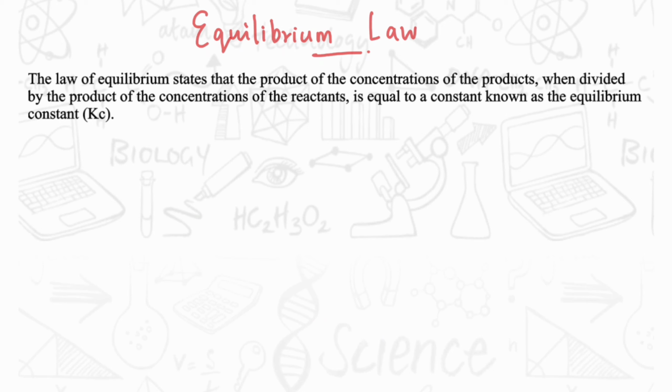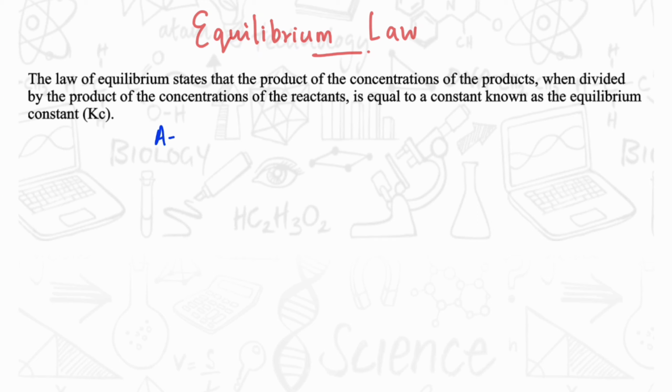Now let's talk about the equilibrium law. The equilibrium law states that the product of the concentrations of the products when divided by the product of concentrations of the reactants is equal to a constant, which is known as the equilibrium constant Kc.